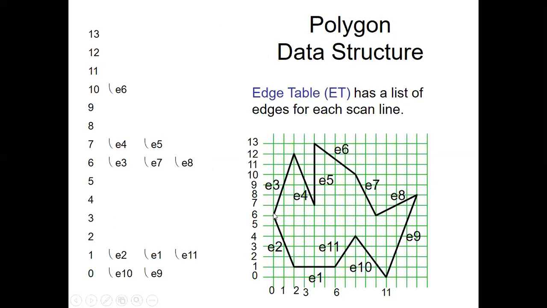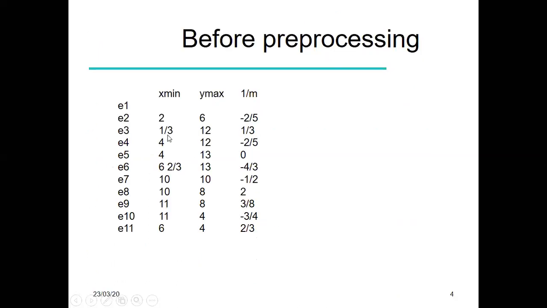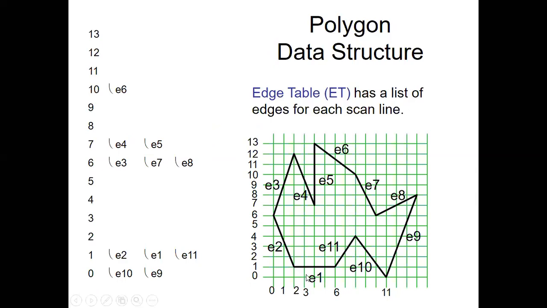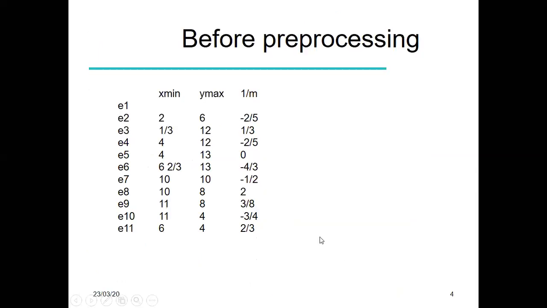This one is (0, 6) and this is (2, 12). 1 by m means 1 by 3, nothing but 0.33 to be very accurate. So y max is 12 and 1 by m is 1 by 3. Like this you do this for all the remaining edges. We have totally E1 to E11, and this is how you get x min, y max, and 1 by m. This is all before pre-processing.